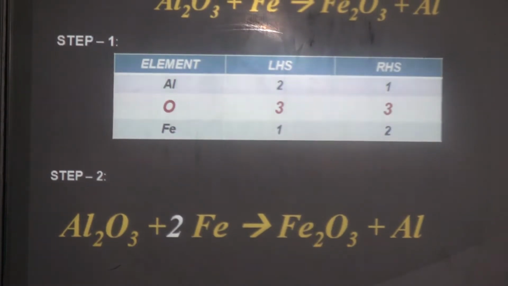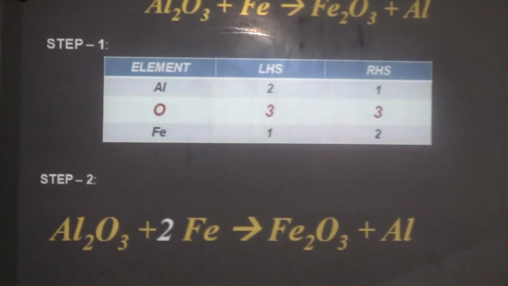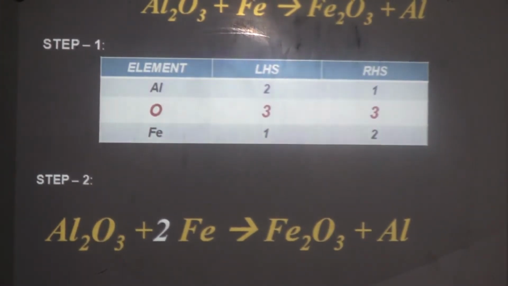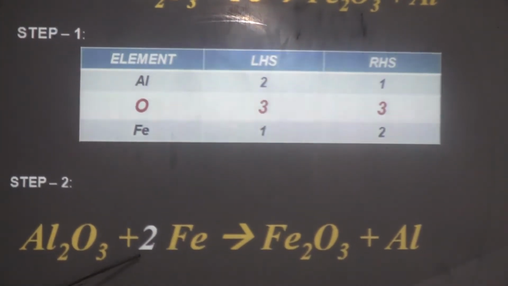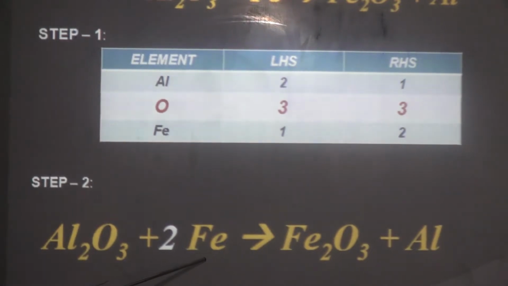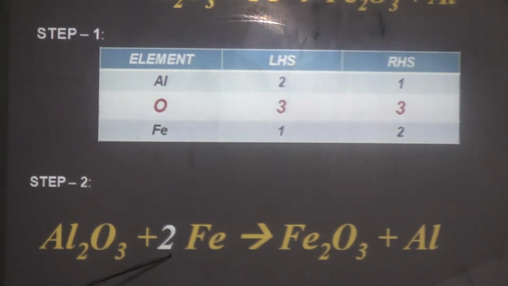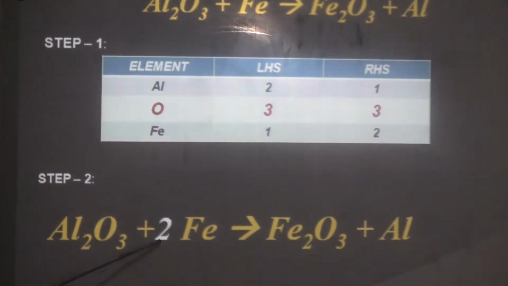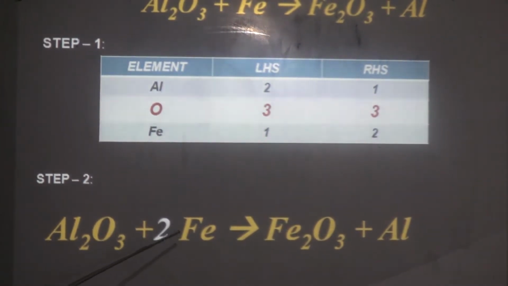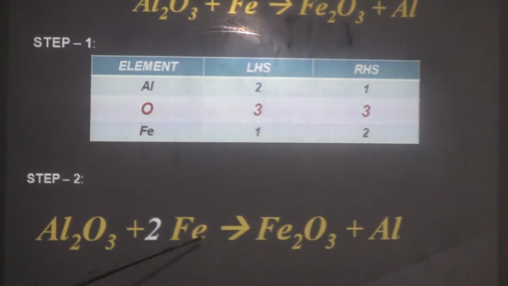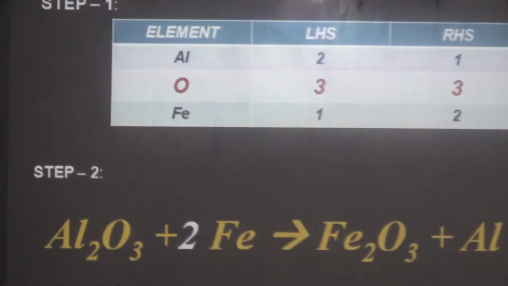We may not increase the number of atoms, we can increase the number of molecules. That is the most important thing. That's why 2 is taken as increasing the number of ferrous molecules. So while balancing, the numbers or digits you use will not be taken as subscripts. That is the most important thing here.